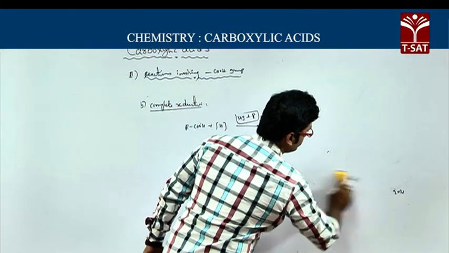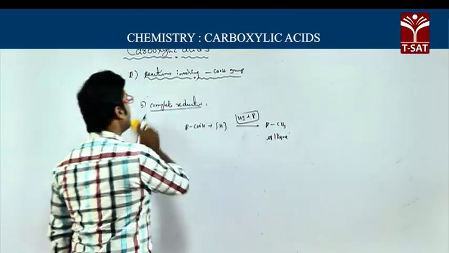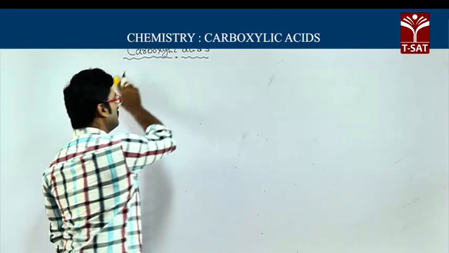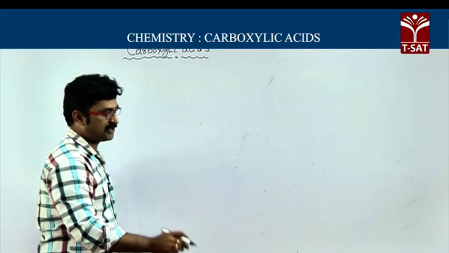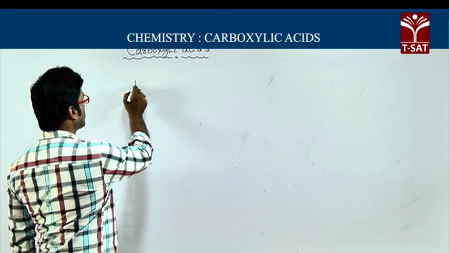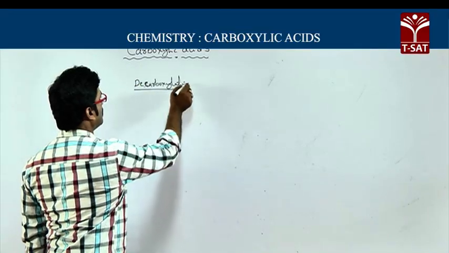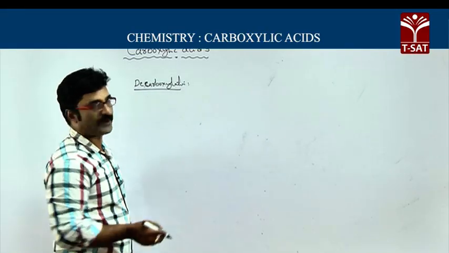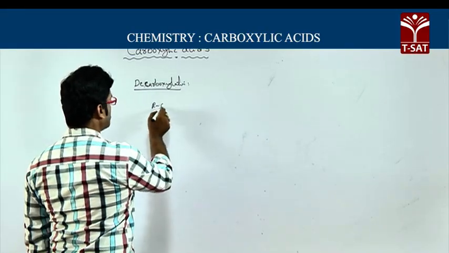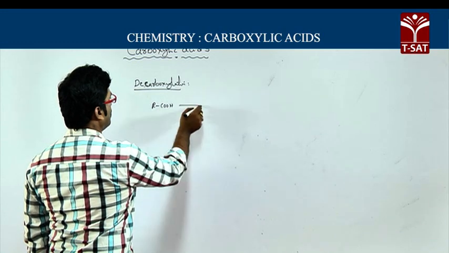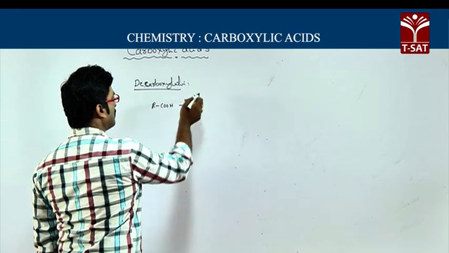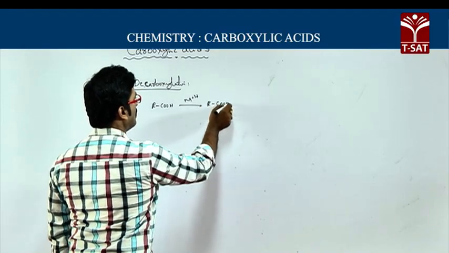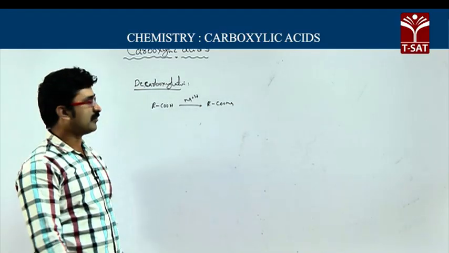Now we will go for the other named reactions like Kolbe electrolysis and decarboxylation. First, decarboxylation. This you learnt in the alkanes chapter. So the sodium salt of carboxylic acid: RCOOH, when reacted with sodium hydroxide or active metals like sodium, gives RCOONa, the sodium salt of carboxylic acid.